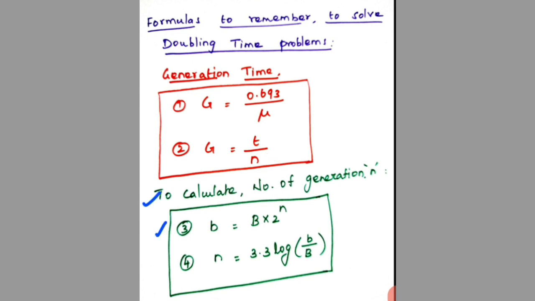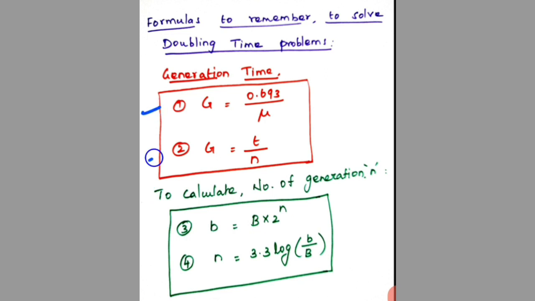By using this equation you can calculate N, the number of generations, that is b is equal to capital B into 2 power N. If you take logarithm of this equation, you will get the expression N is equal to 3.3 log of small b divided by capital B, where capital B is number of cell populations before the time interval T, and small b is number of cell populations after the time interval T.